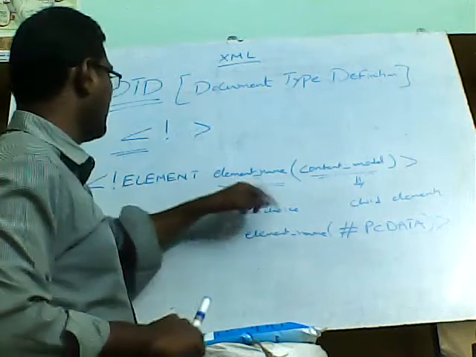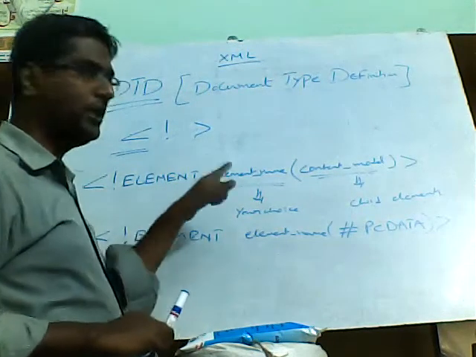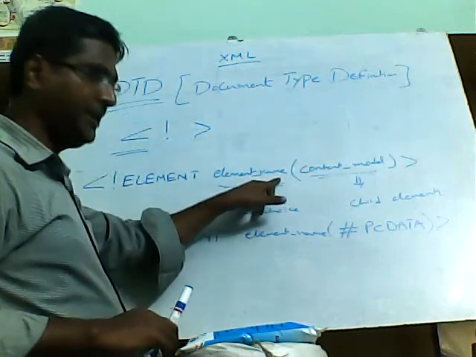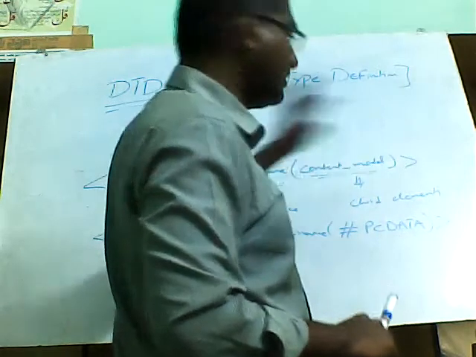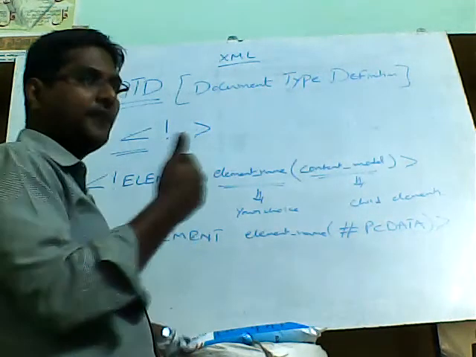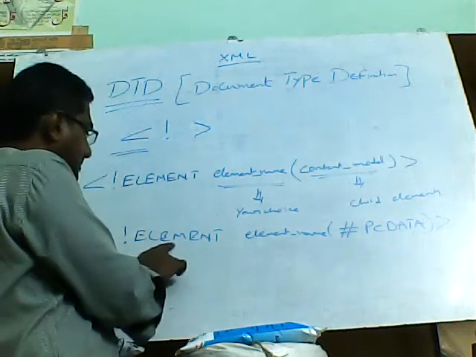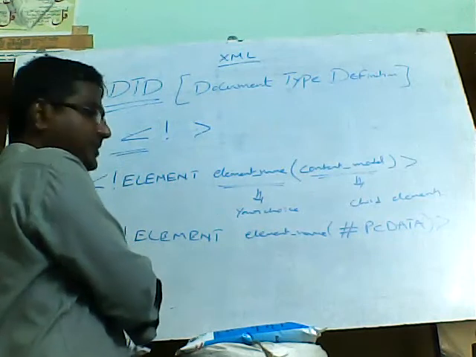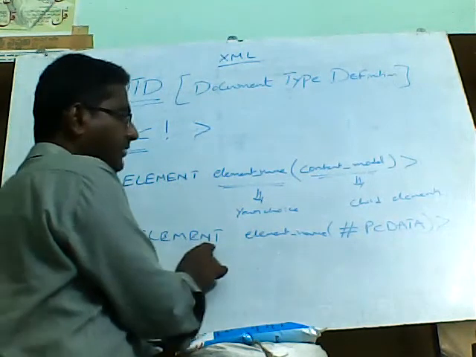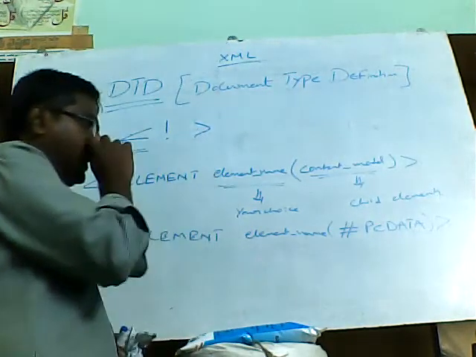The first one is less than, exclamation mark, ELEMENT for the root element, followed by the element name, and under the root, all the sub child elements you have to list out here. Then in the next line we will have the child elements. To write a child element, we write less than, exclamation mark, ELEMENT, followed by the child element, and we need to specify the data type.